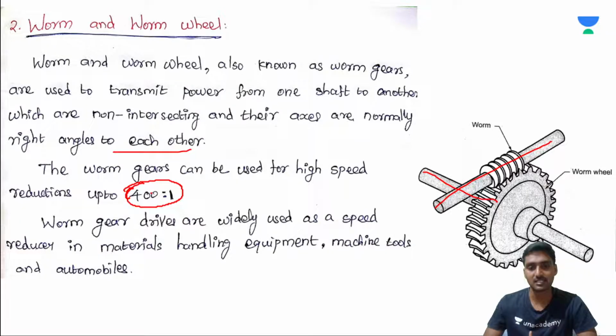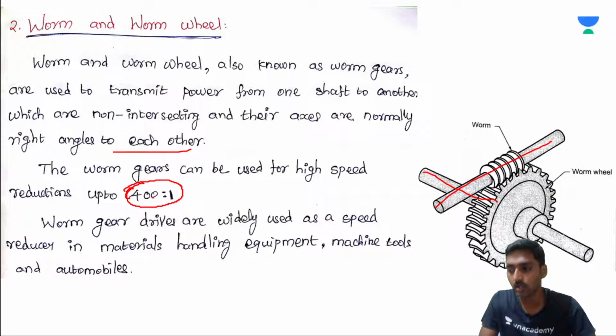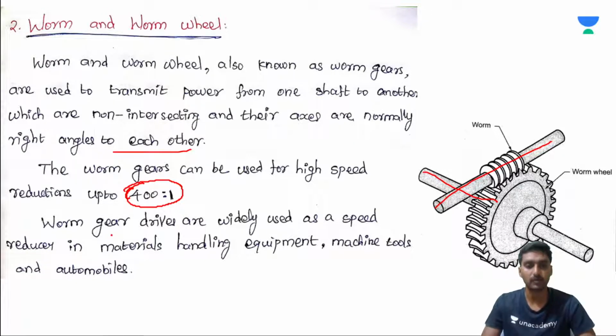High speed reduction is possible only through the worm and worm wheel. Speed reduction or step-up is possible in all types of gears, but coming to the ratio, the maximum of 400:1 is possible in the worm and worm wheel.